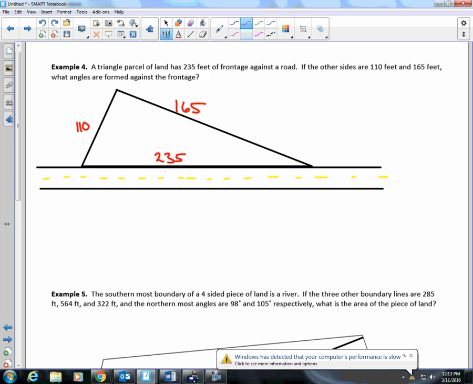So we set it up. 235 squared is equal to 110 squared plus 165 squared minus 2 times 110 times 165 times the cosine of whatever angle.